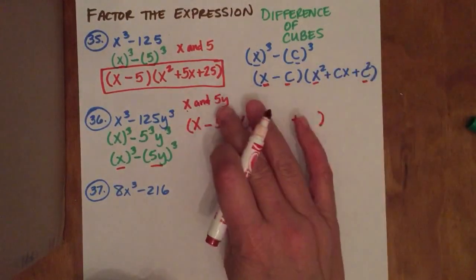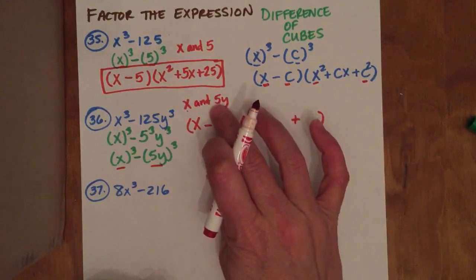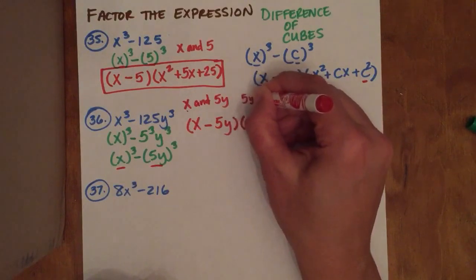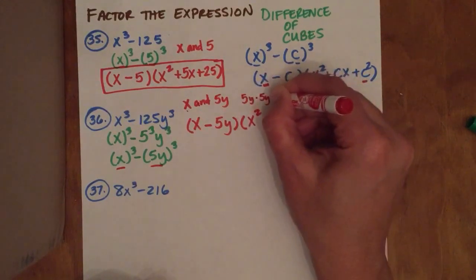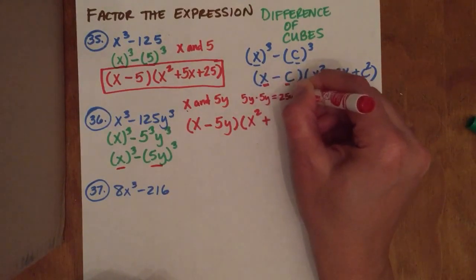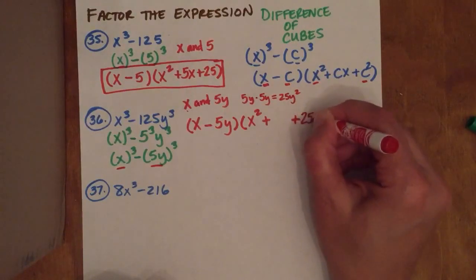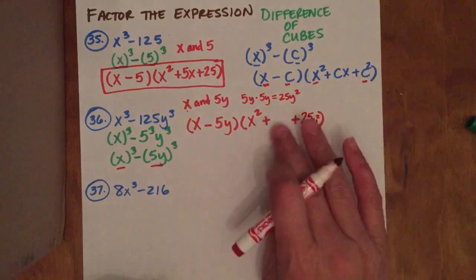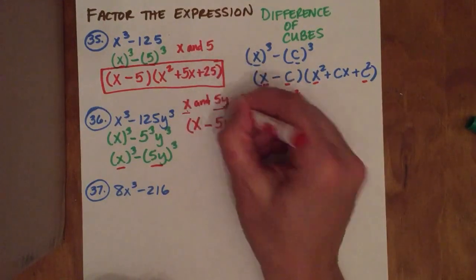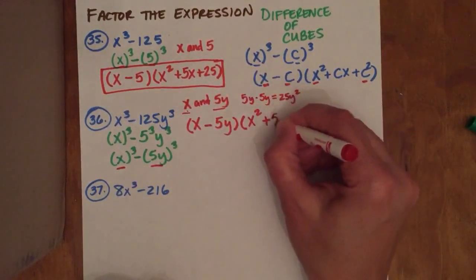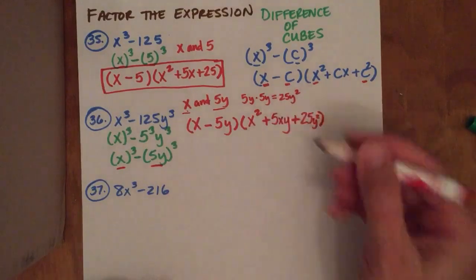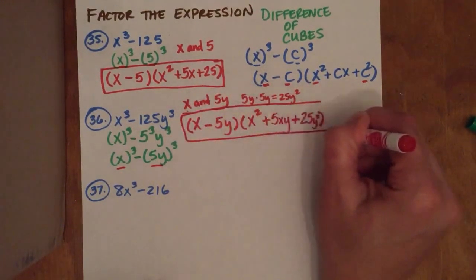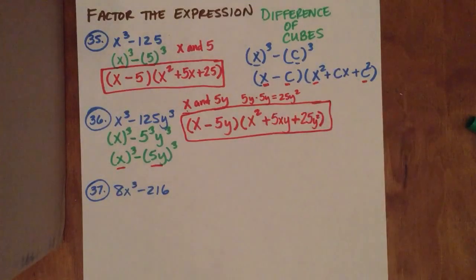I've got c squared, which is my second base squared. 5y squared, which is 5y times 5y, is actually 25y squared. So 25y squared is what goes in there. In the center, I multiplied the two bases together, so I get 5 times x times y. And this is the factoring for that difference of cubes.